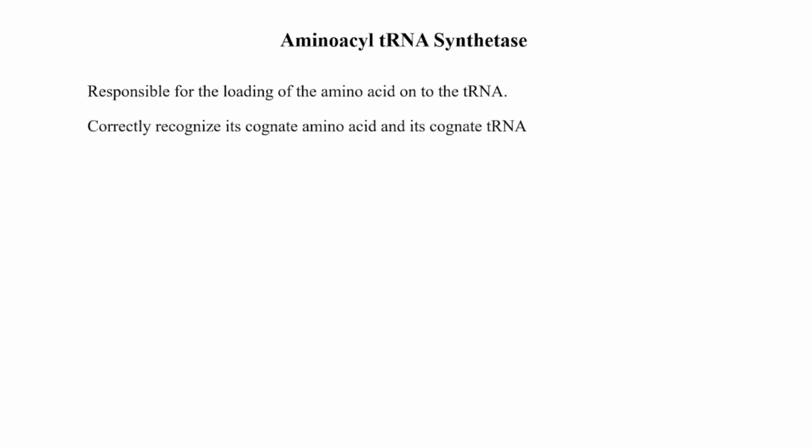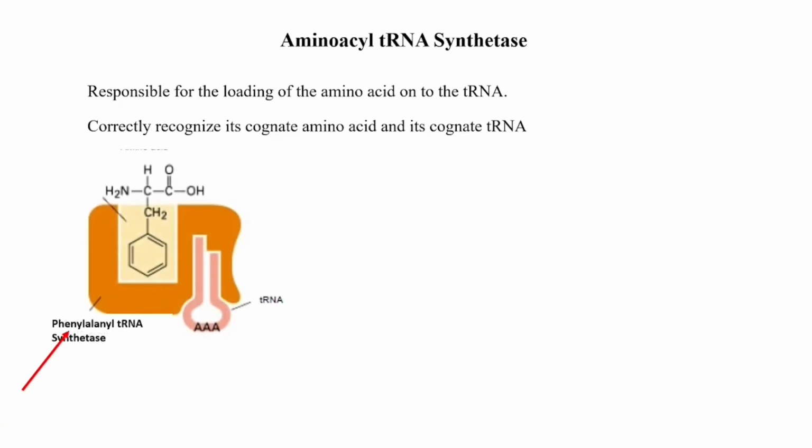However, a second suppressor mechanism may also occur in amino-acyl tRNA synthetase gene. Amino-acyl tRNA synthetase is an enzyme which is responsible for the loading of the amino acid on the tRNA. It has to correctly recognize its cognate amino acid and its cognate tRNA. For example, phenylalanine tRNA synthetase has to recognize its cognate amino acid phenylalanine and phenylalanyl tRNA.